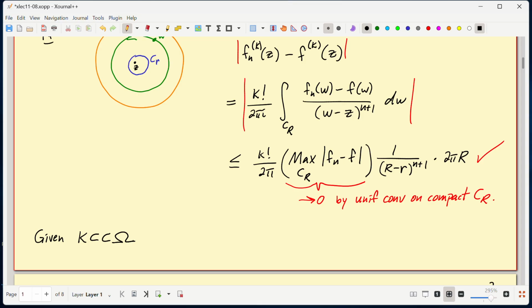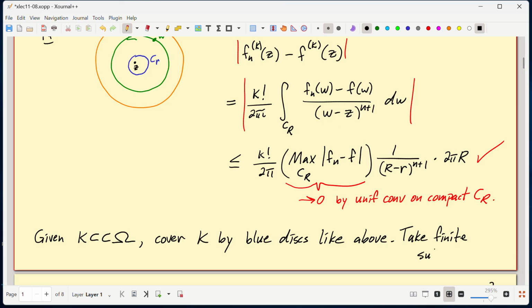So if it's compactly contained in omega, then you just cover K by blue disks, like above. And then you take a finite subcover. Questions about that? Okay.